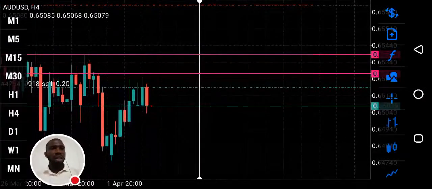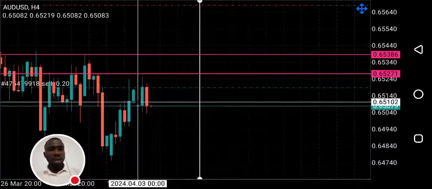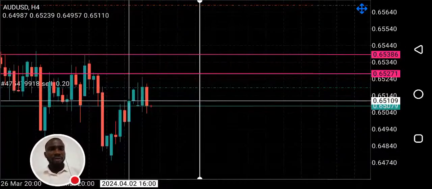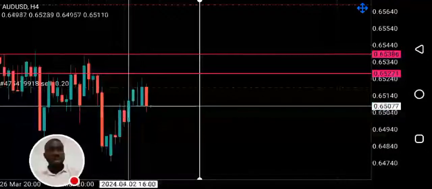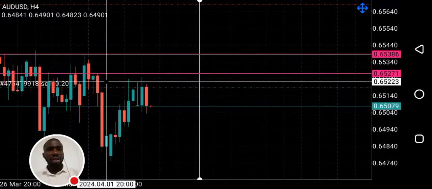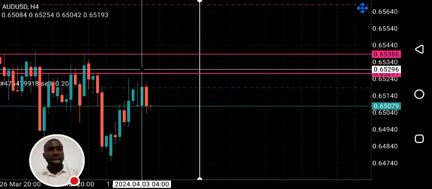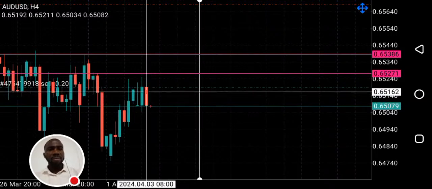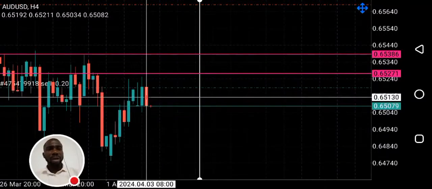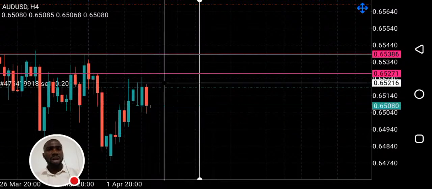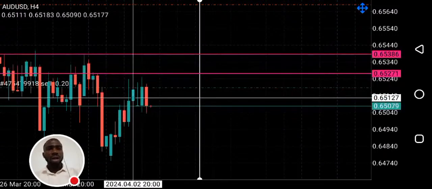This was the last candle for yesterday's market. You can see at this point we had a resistance. Price tested that resistance, and this 4 hour candle for today's market closed bearish. So at the moment, Australian dollar USD is bearish.